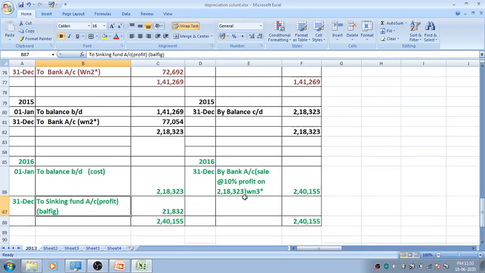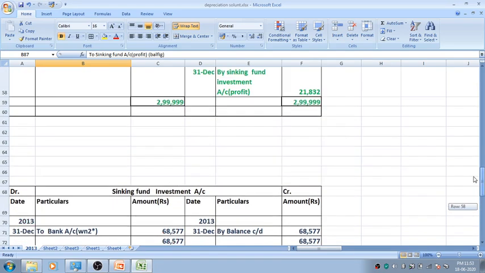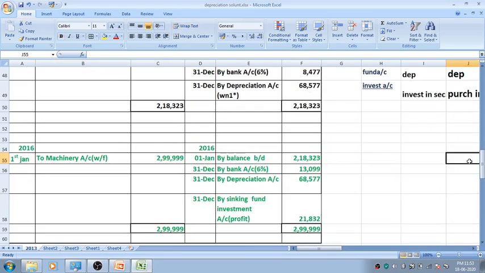Once you do that, if you observe here, two sinking fund entries are there on the debit side. That means it will also appear in the sinking fund account. And in the sinking fund, it is recorded as by sinking fund investment account, the profit which you have earned on the investment, 21,832. So that's the last entry in the sinking fund. Now these two entries were recorded earlier. So whenever profit is calculated, after that you record it in the sinking fund.